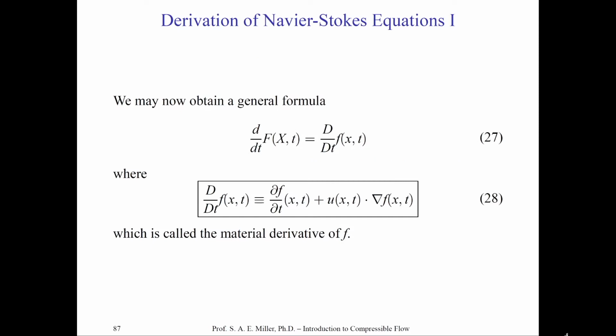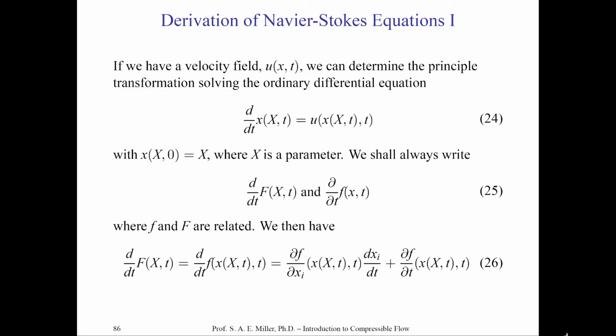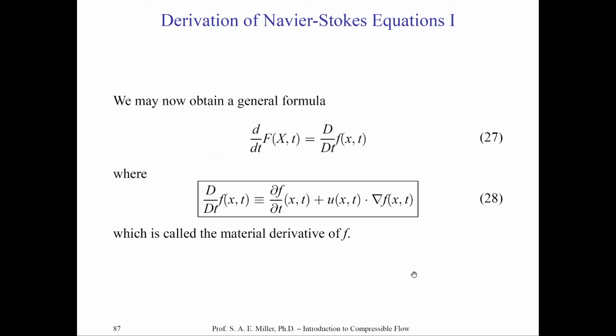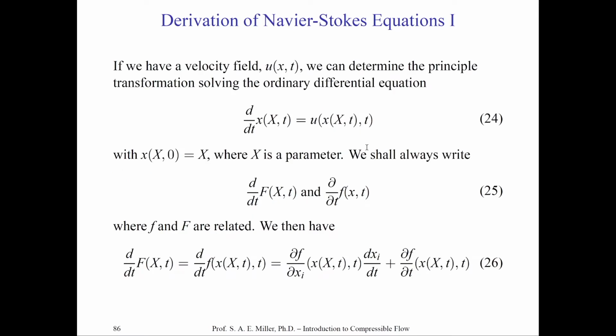We can now see from 26 we can write 27. That is, the first term in 26, the ordinary derivative of capital F at capital X, t, will be equal to the right-hand side, which we can write compactly using the material derivative operator, capital D/Dt of f of x, t, which is, of course, the right-hand side of 26.